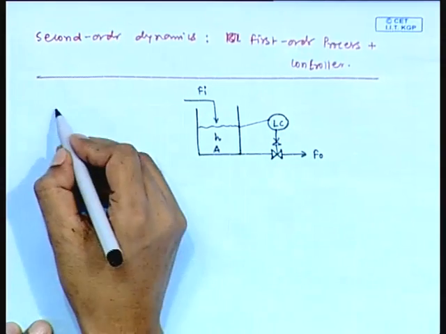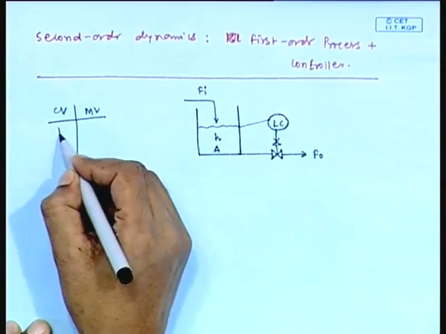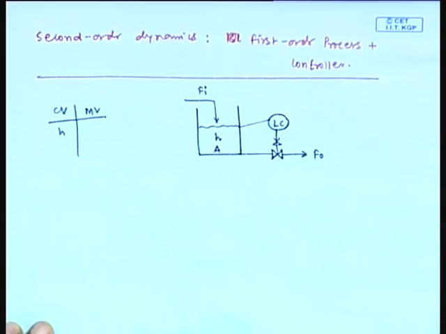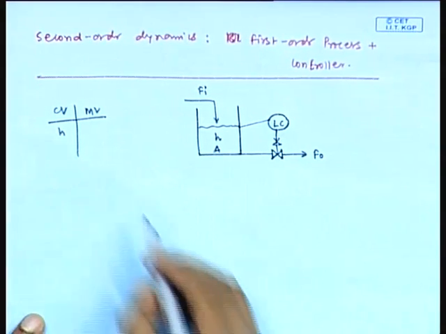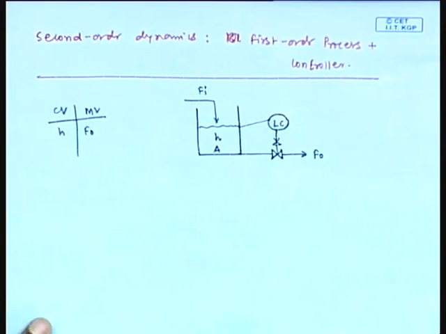So, our control objective is to maintain the height of liquid in the tank. That means the control variable is H and the corresponding manipulated variable is F naught. Fine. This is the control pair for this case.